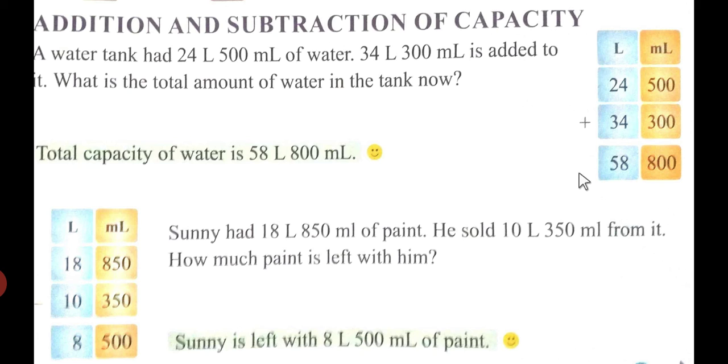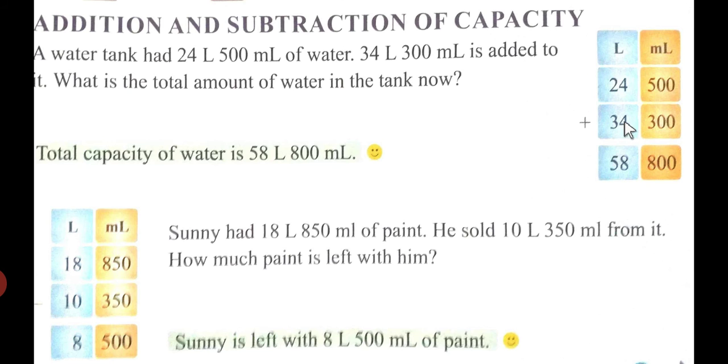I have told you, please write the numbers in the correct blocks. Liter will come in a different block and milliliter will come in a different block. So 24 liter, that means 24 you will write under the block of liter, and 500 milliliters you will write in the other block. So 34 liter and 300 milliliters has been added to it.